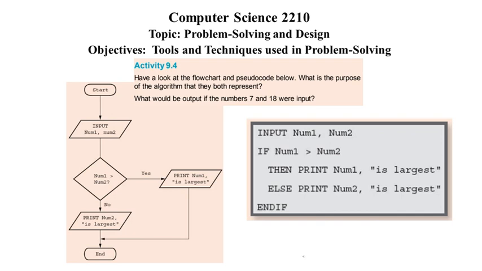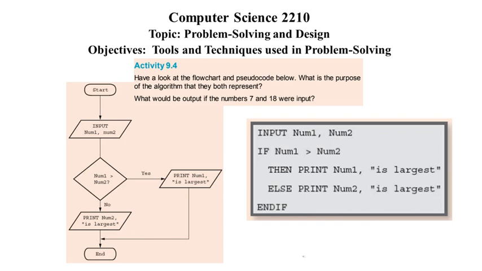So for this condition, we can have only two options. If the answer is yes, if num1 is greater than num2, then what is going to happen? Look at the yes symbol, yes is written there. Print num1 is largest. So we will get the output num1 is the largest.